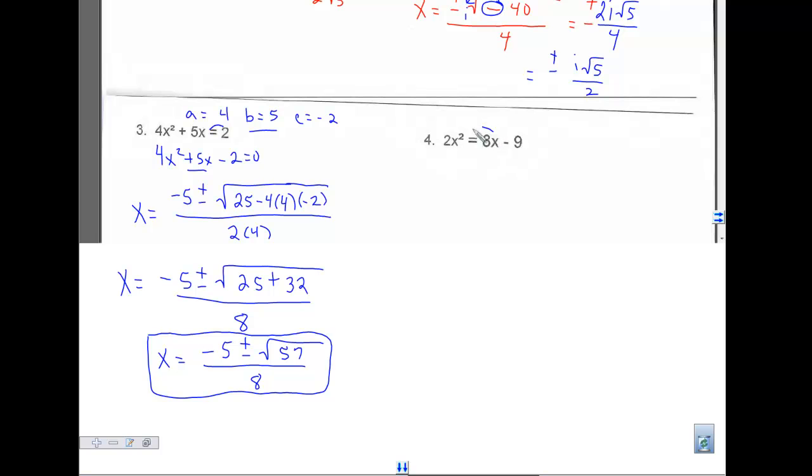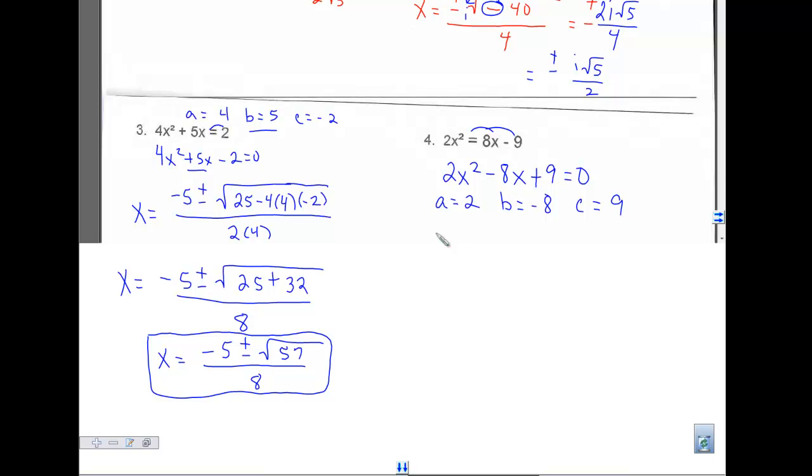Let's change this into standard form so I can write it. 2x squared minus 8x plus 9 equals 0. So A is 2, B is negative 8, and C is 9.